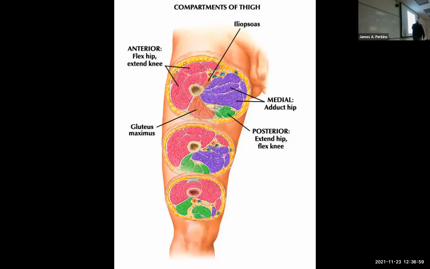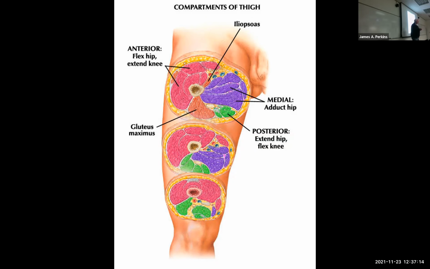Also, last Thursday, we looked at the medial compartment. This includes things like gracilis, pectineus, and three adductor muscles: adductor longus, adductor brevis, and adductor magnus. Most of these muscles are adductors of the hip, so they're going to pull the thigh medially, in towards the midline of the body.